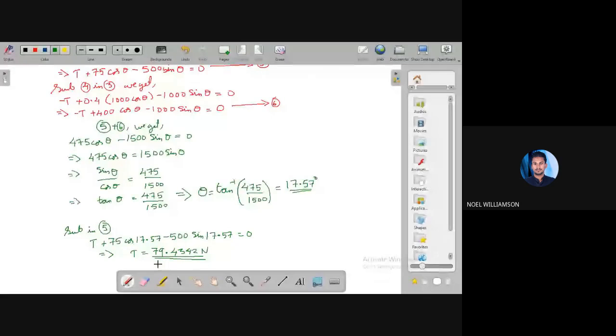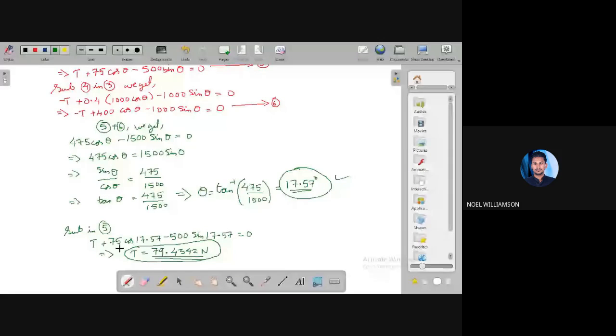So you get the value for theta, the angle of inclination, as 17.57 degree and the tension as 79.4342 Newton. So this is how you have to solve a problem like this. Wherever the friction is acting, there will be a normal and the frictional force. Here we are considering the free body diagrams. First of all, we consider the free body diagram. You have to find the inclination, then consider what forces are acting.